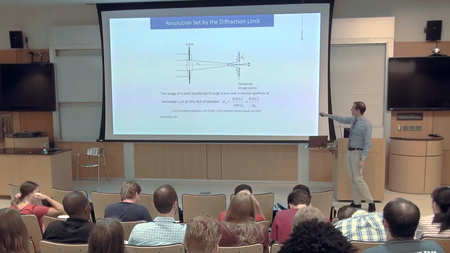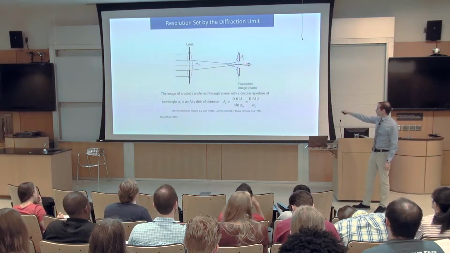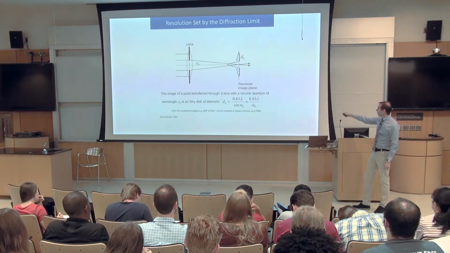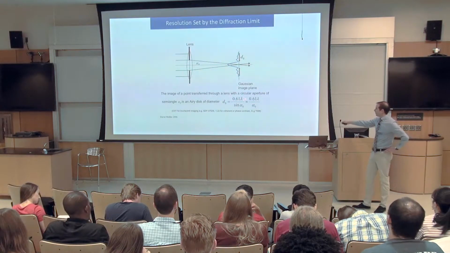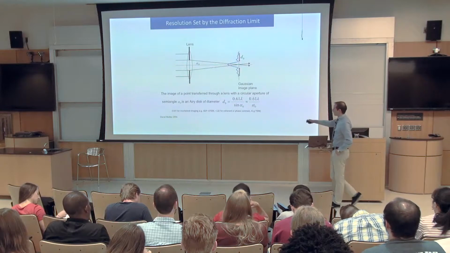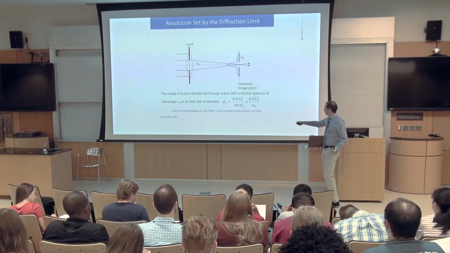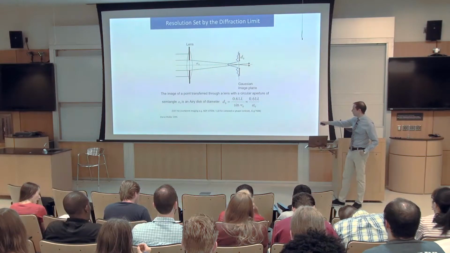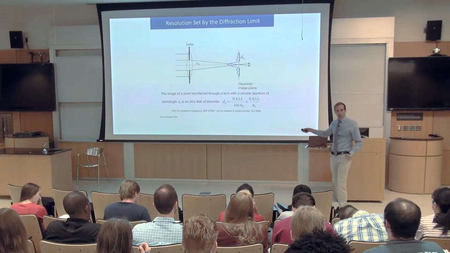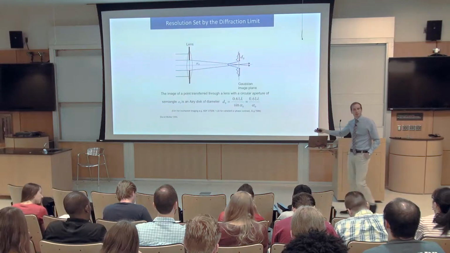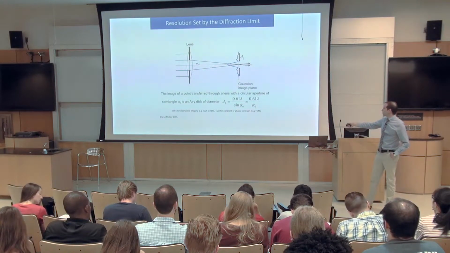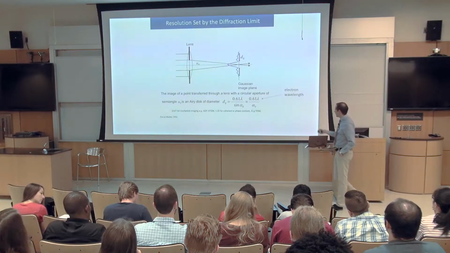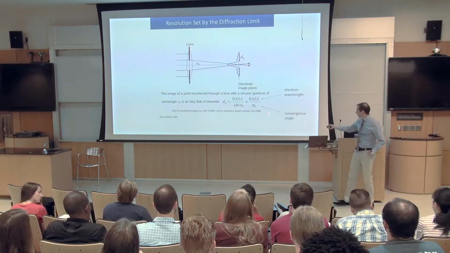The width of this disk has a central minimum that gives this geometric factor 0.61, and the width will depend on the wavelength of the electrons and the angle of the aperture, so sine alpha. We're dealing with very small angles, 10, 20 milliradians, so just a few degrees at most. So sine alpha can be approximated as alpha, and our resolution will depend on wavelength and convergence angle.